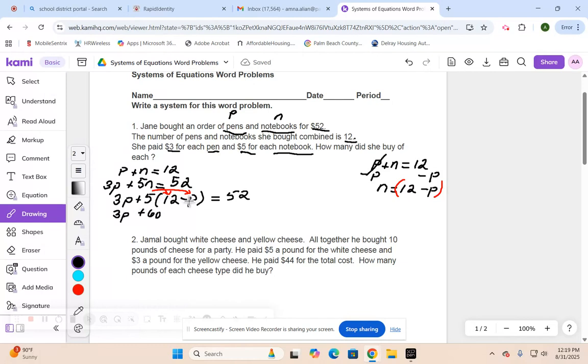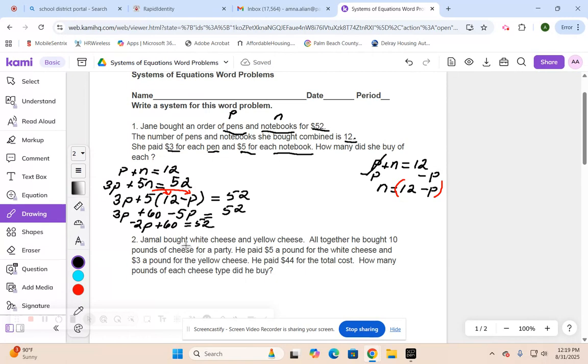And 5 times, you can say negative 1P, is going to be minus 5P, or negative 5P, equals 52. Okay, we have 3P minus 5P. We can combine those to get negative 2P plus 60 equals 52.